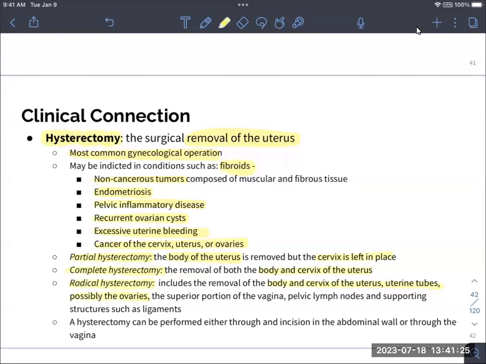They can remove part of that vagina as well. Depending on what it is, they could remove lymph nodes. So they can do an incision, or they can technically do a hysterectomy through the vagina even.